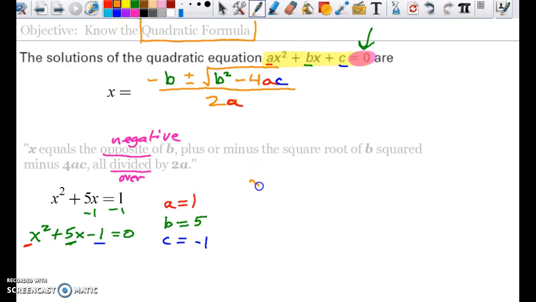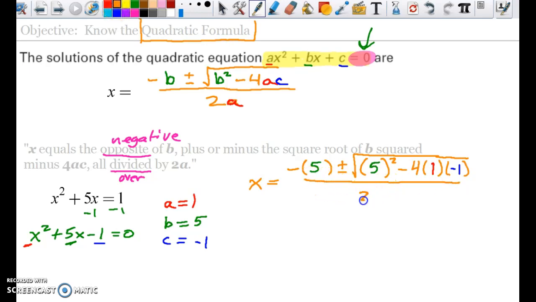And remember, it goes x equals opposite of b, or negative b, so I'm going to plug that b in here, plus or minus the square root of b squared, so I put the 5 in there and I'm going to square it, minus 4ac. A was 1, c was negative 1, all over 2 times a, which is 2 times 1.